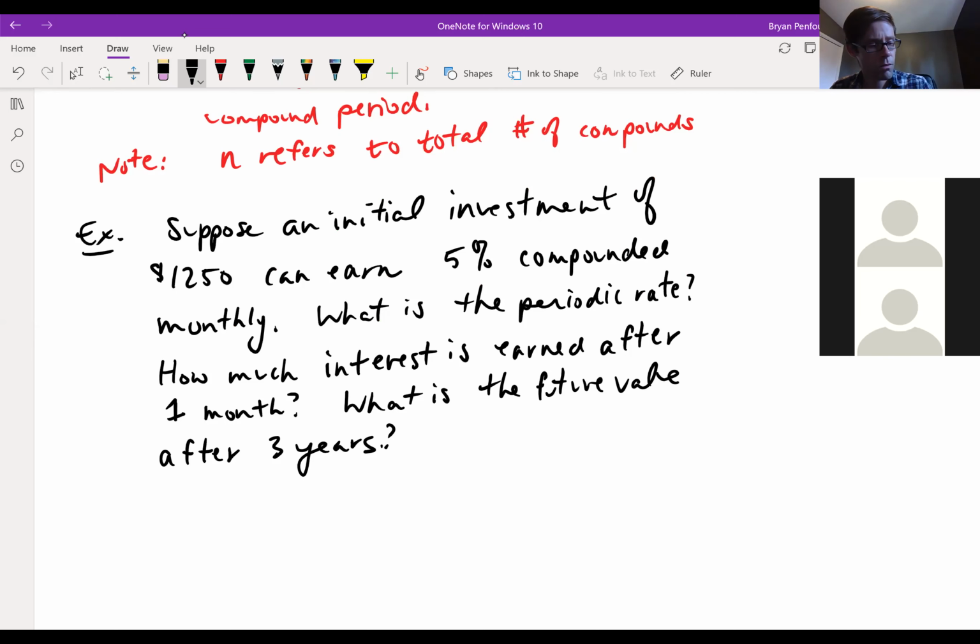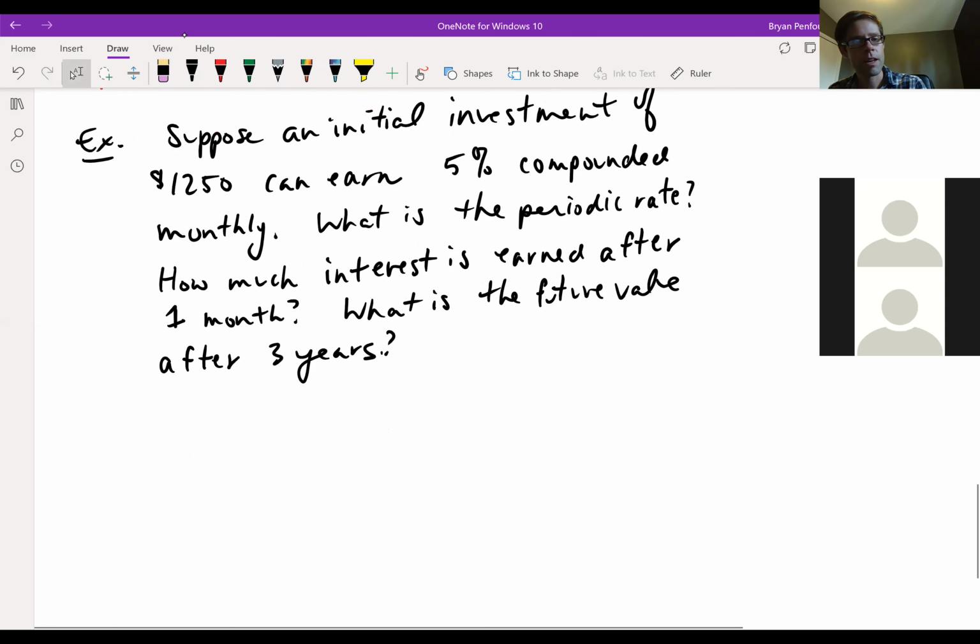So let's start out with what I would consider nice baby step kind of questions. Melissa has suggested a periodic rate for us, so if someone can verify that. All right, we have someone agreeing.